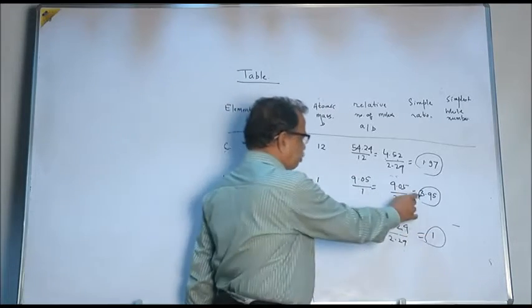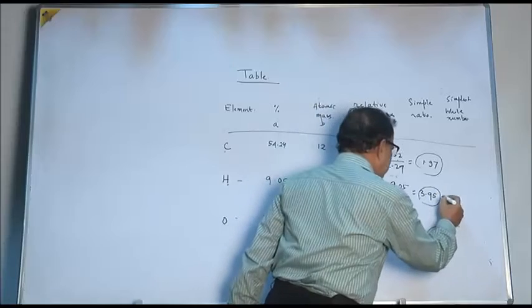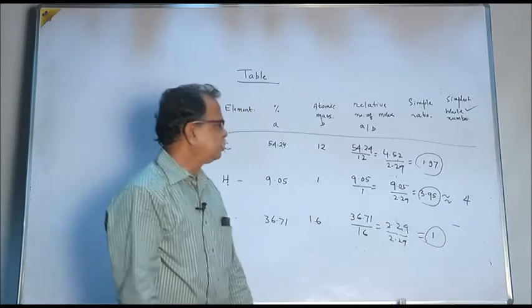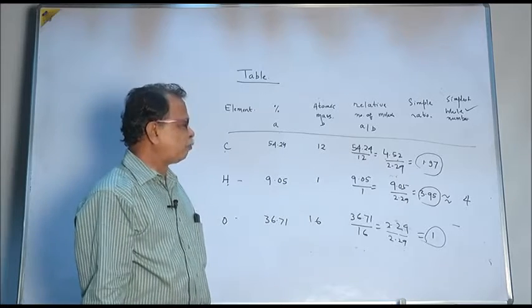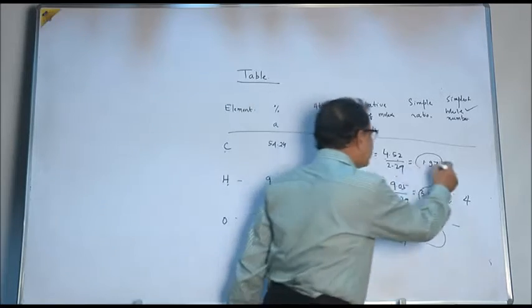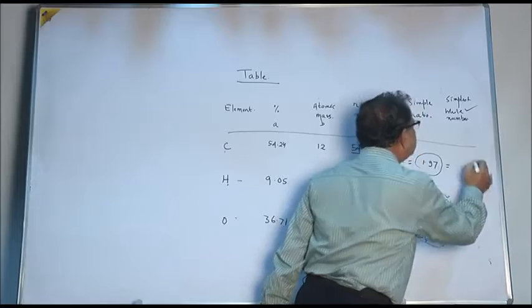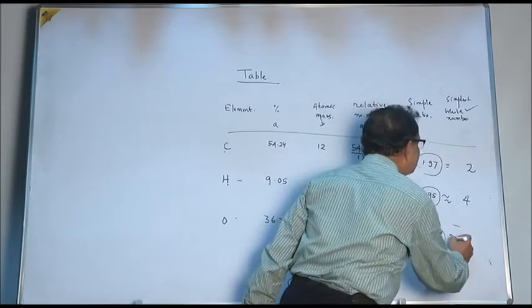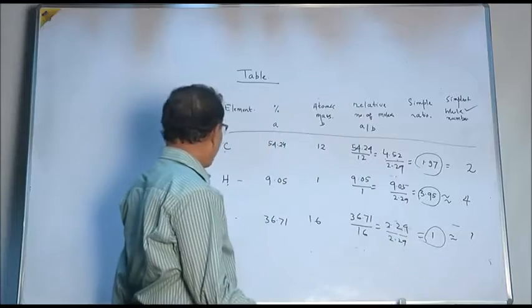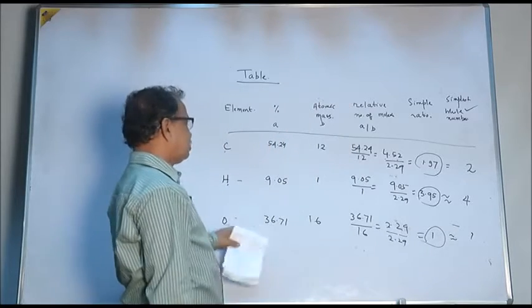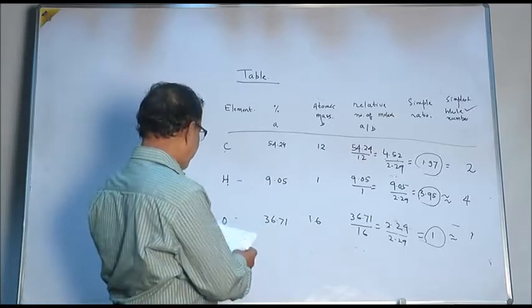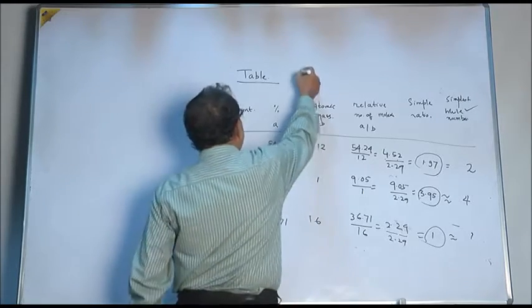Then these are very near to whole numbers. 3.95 is taken as 4, 1.97 is taken as 2, and this is 1. So to find the empirical formula: oxygen is 1, hydrogen is 4, carbon is 2.